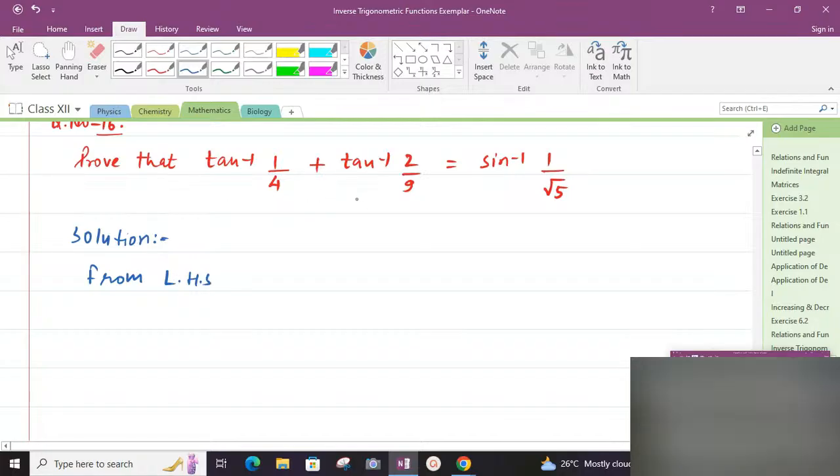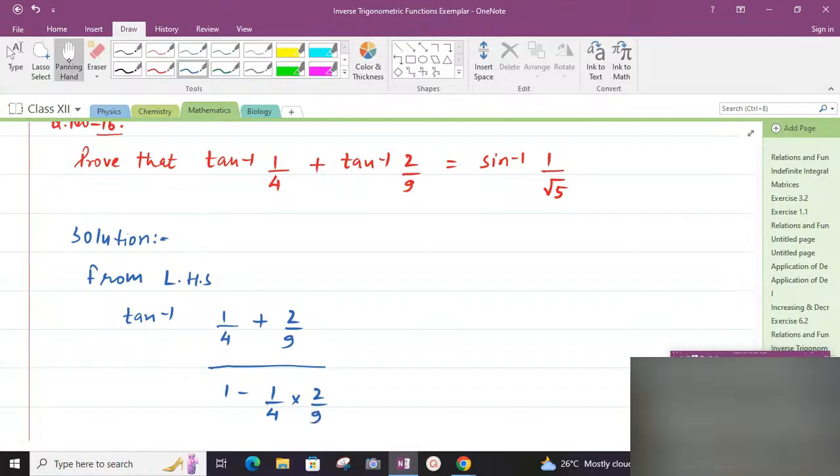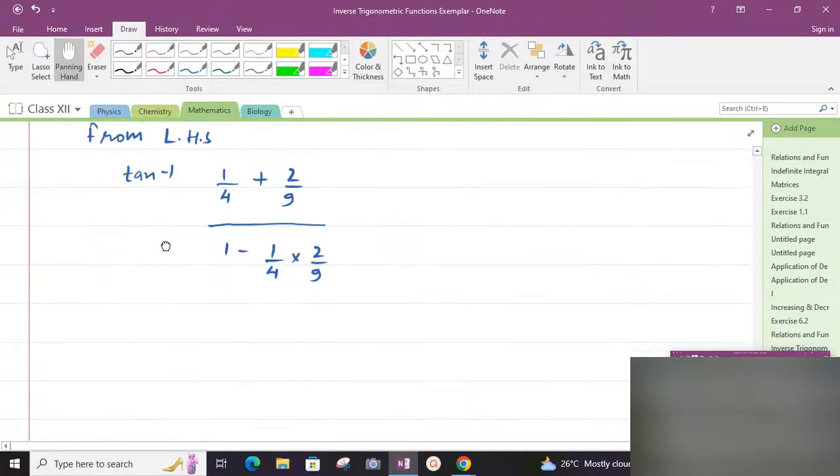For this, we recall the formula. We know that tan inverse x plus tan inverse y equals tan inverse of x plus y by 1 minus xy. It means we write down here 1 by 4 plus 2 by 9 over 1 minus 1 by 4 into 2 by 9. Hope there is no problem understanding up to this step.